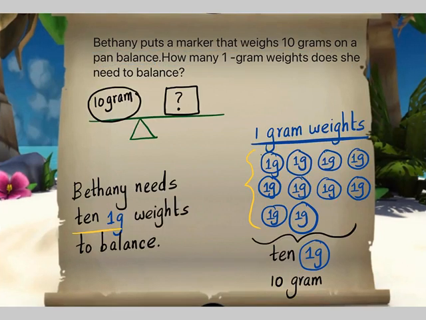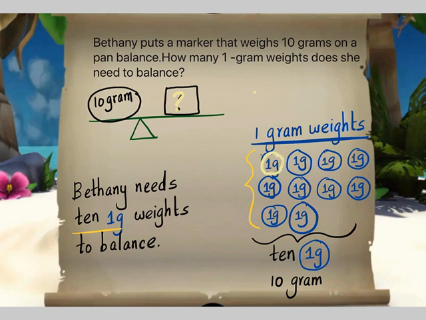So she has put a 10 gram weight on one side of the balance, and on the other side we have to find out how much weight we have to put there so that we can balance the scale. Let's see how many 1 gram weights we need.